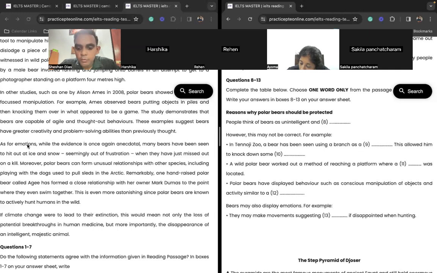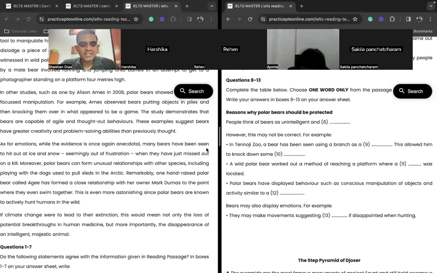They make movements if they're disappointed. Bears have been seen to hit out at snow, similar to frustration, when they have missed out on a kill. Missing out on a kill means disappointed when hunting, right? When they're hunting, they have missed out on it. They haven't been able to kill. So they're disappointed. So what are they doing?